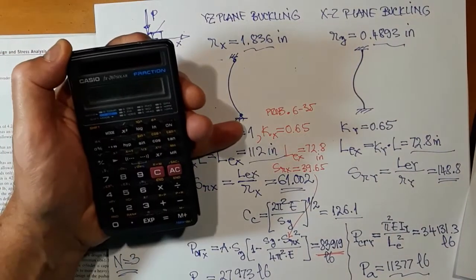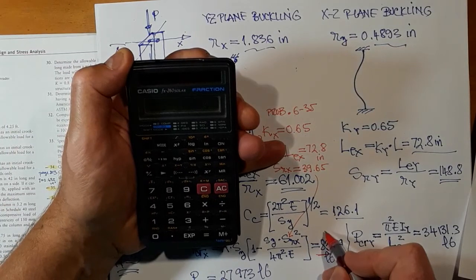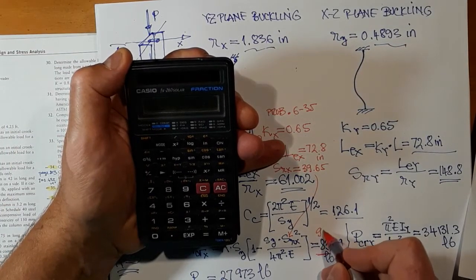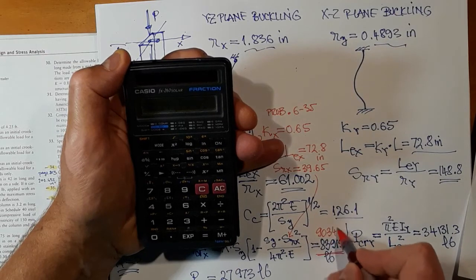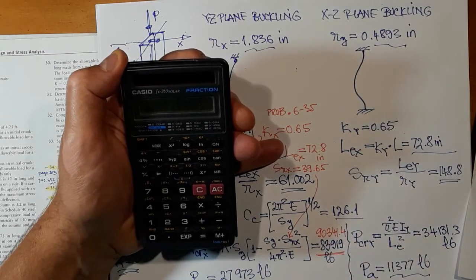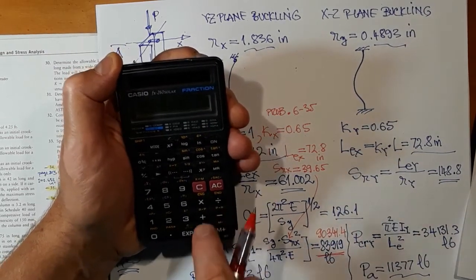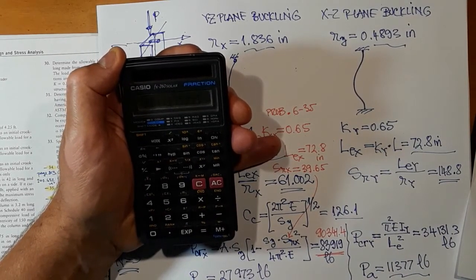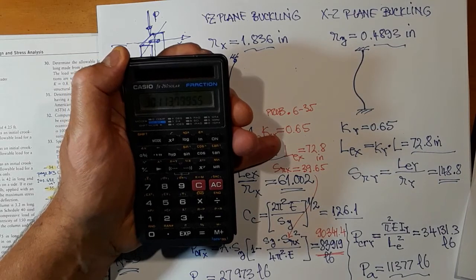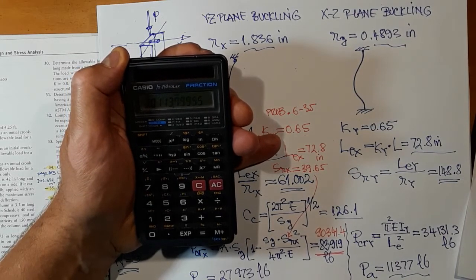So I have 90,341.4 pounds divided by 3. So P admissible is 30,113.8 pounds.